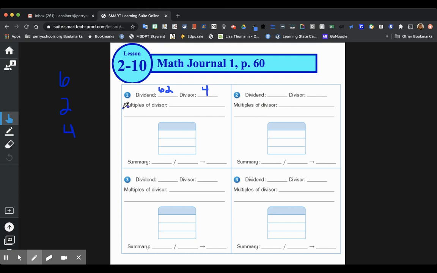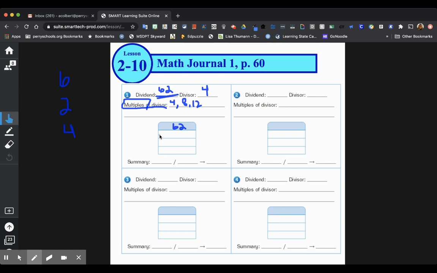So my first step here is to list the multiples of my divisor. So I would list out 4, 8, 12, and so on, all the way till I get as close as I can to 62. Then right here, I'm going to make new names, new addition problems for 62, creating them with these multiples of 4.